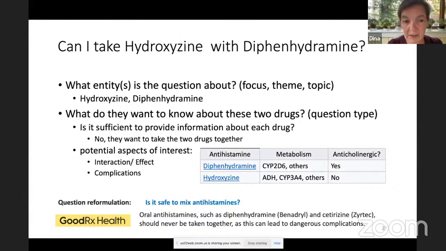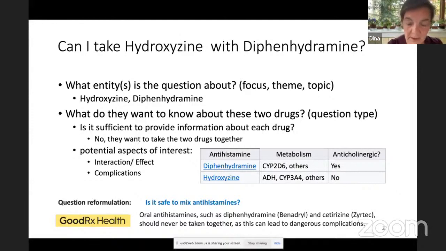And in this case here, the type is the potential interactions between these two drugs or complications caused by taking these drugs together. And we have to search specifically for that interaction of these two drugs. We can't just provide information about the drugs separately.